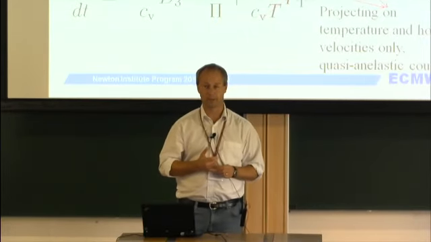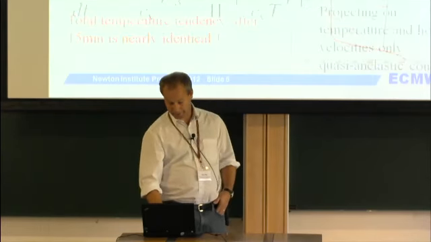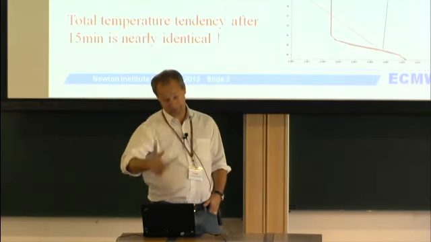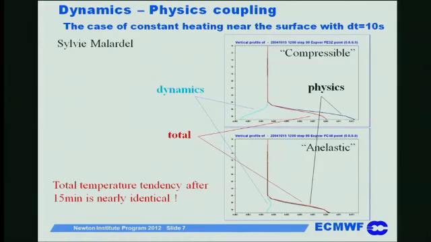So we did a test, which is actually work by a colleague of mine, Sylvie Malardel, where we consider two different kinds of coupling to the physics. One in a compressible way, and you see in this graph here the blue line is the dynamics, the total is in red, and the dark blue line is the physics.